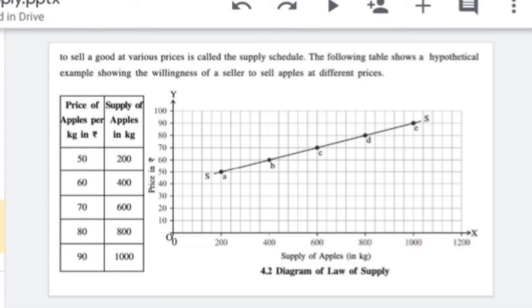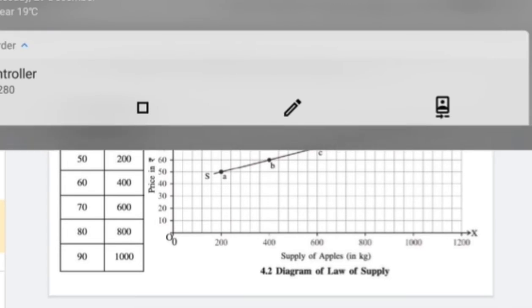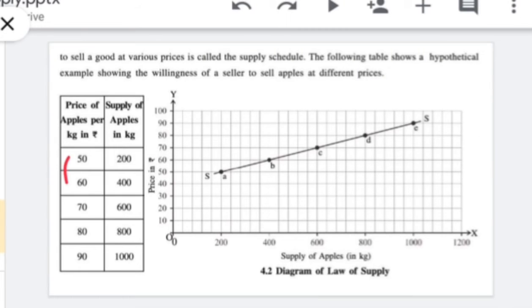When the price of apple is 50, supply is 200. When price increases from 50 to 60, supply also increases. As we can see, as the prices increase, the supply of apples also increases, because the seller will get more profit.